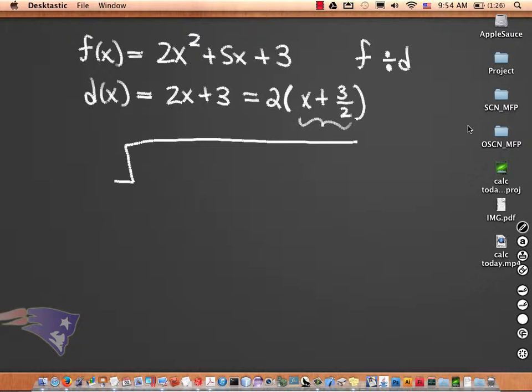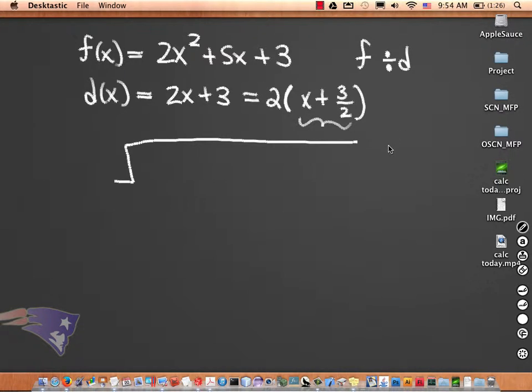Okay? What happens to the 2? The 2 is right here. But I'm going to divide this by x plus 3 halves. See, synthetic division doesn't work unless you have just an x.